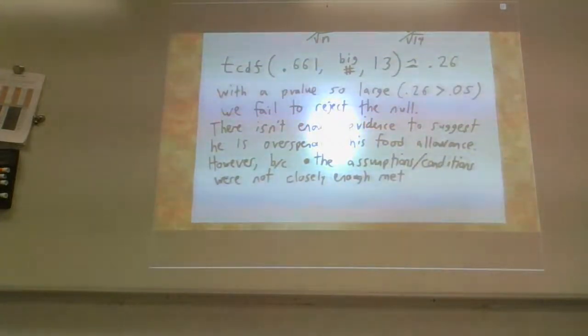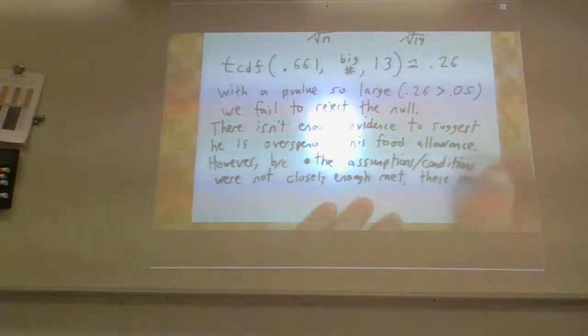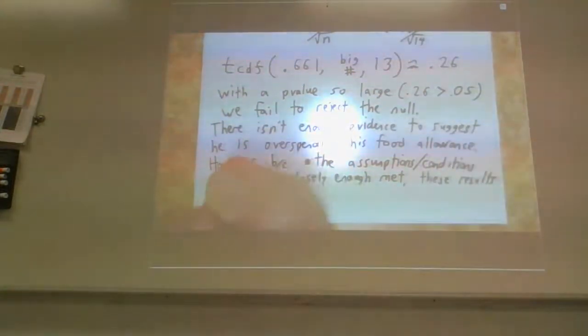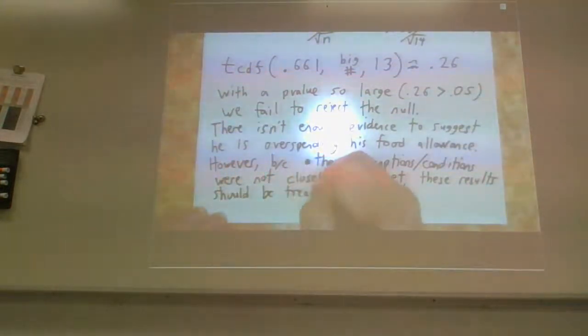We could just meet the assumptions and conditions, but these were way too far. Because the assumptions and conditions were not closely enough met, these results should be treated with caution.